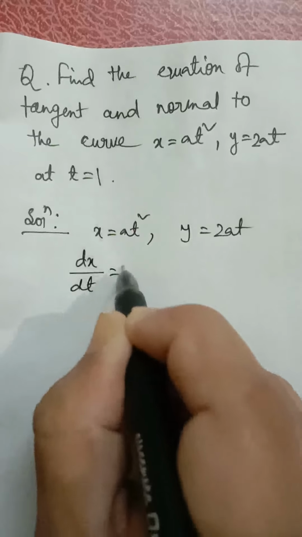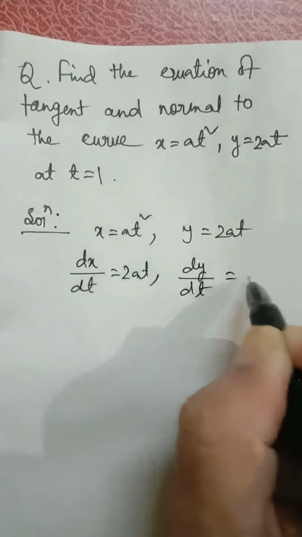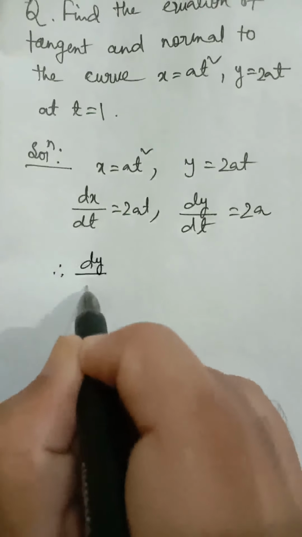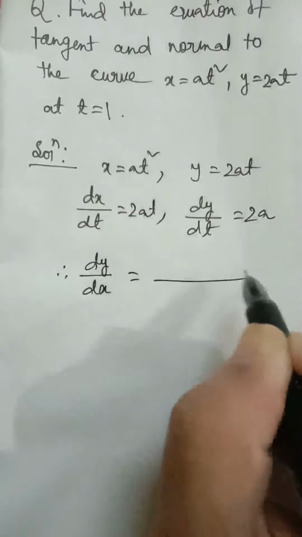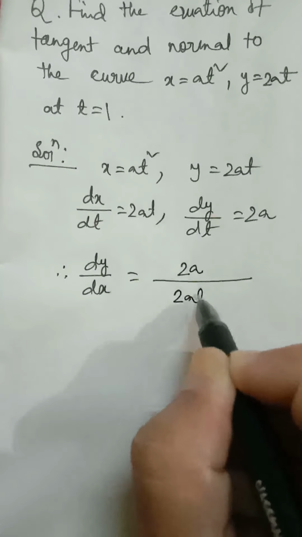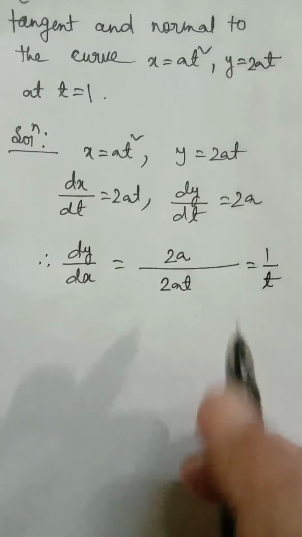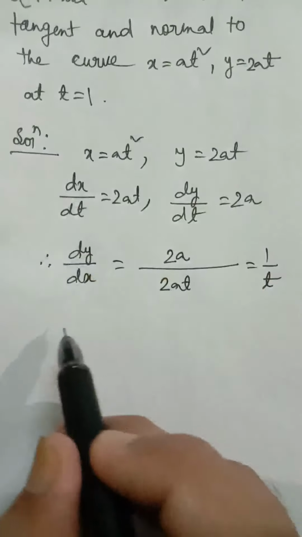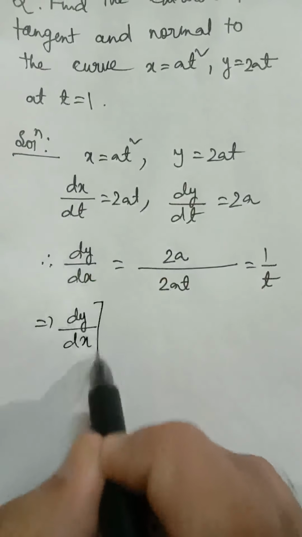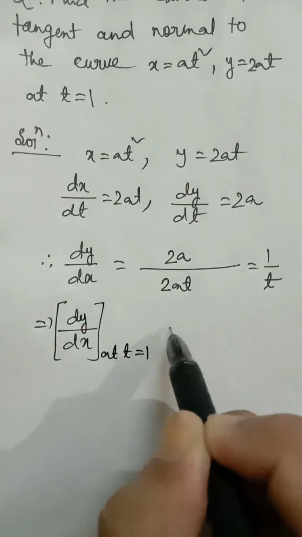Dx by dt will be 2at and dy by dt will be 2a, and therefore dy by dx equal to dy by dt upon dx by dt, so equal to 1 by t. Now we have to find the equation of tangent at the point t equal to 1. So dy by dx at t equal to 1 will be 1.